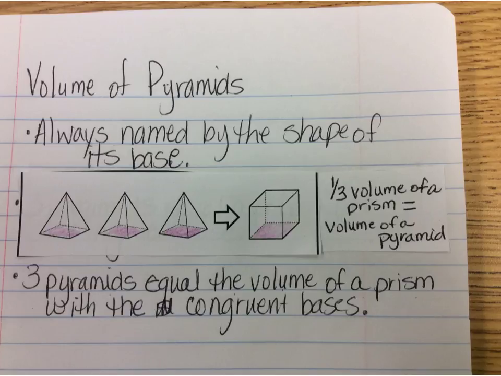And underneath that, 3 pyramids equal the volume of a prism with congruent bases, meaning, notice right here, this has a rectangular or square base, and these have rectangular and square bases. All right, so get that all put into your spiral, and then we will move on.